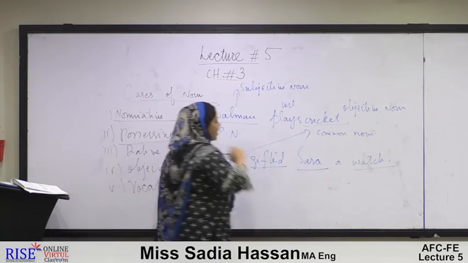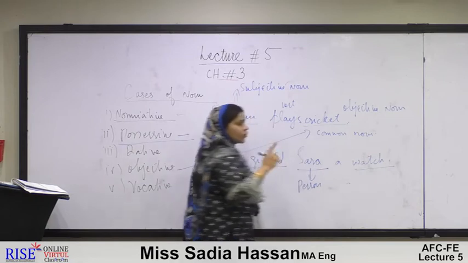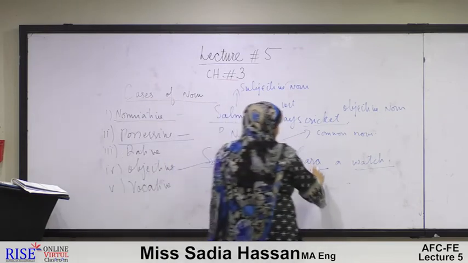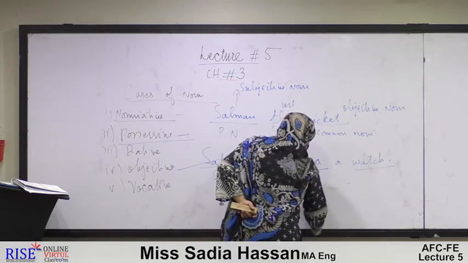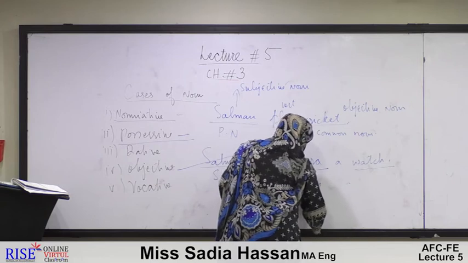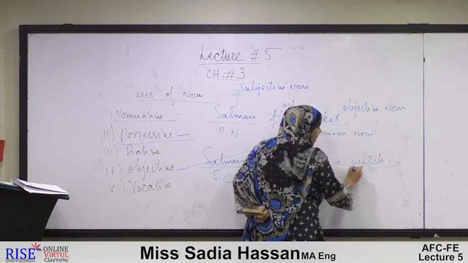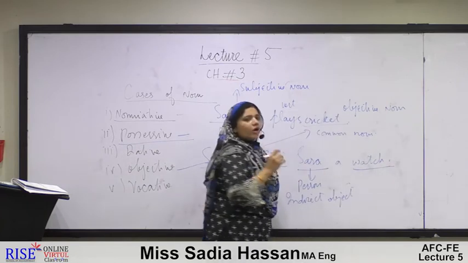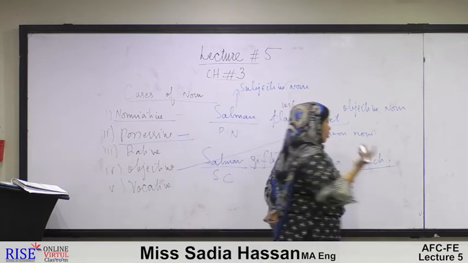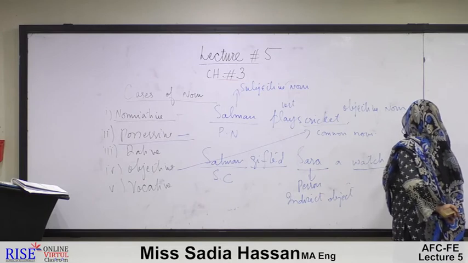For example, Sarah is a person. Whenever a person is being used as an object, that is called indirect object. Whenever a thing, an inanimate, or an animal is used as an object, that is called direct object.